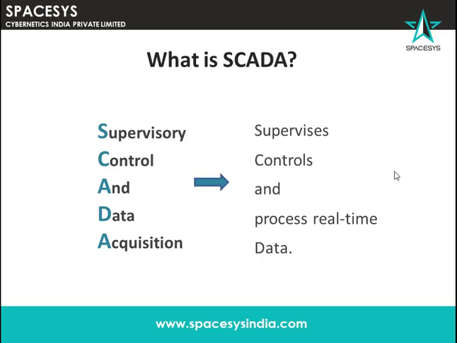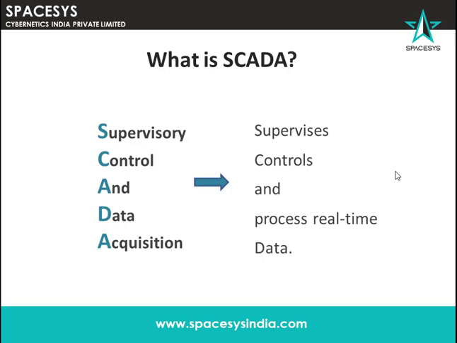So SCADA is an integrated system which has both hardware and software elements. It helps in controlling and monitoring a process. Its main function is to visualize and monitor how a particular process happens. It easily interacts with other devices which are connected to it, and it controls the real-time process. The connected devices may be sensors, valves, motors, pumps, or any other field instruments.